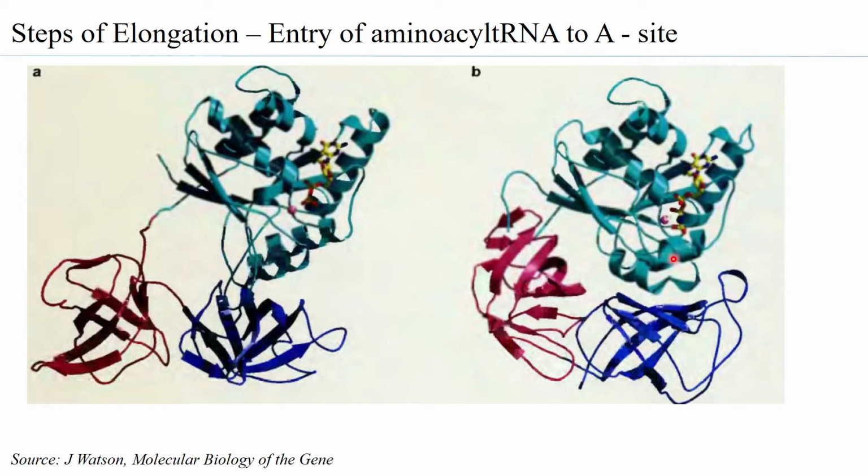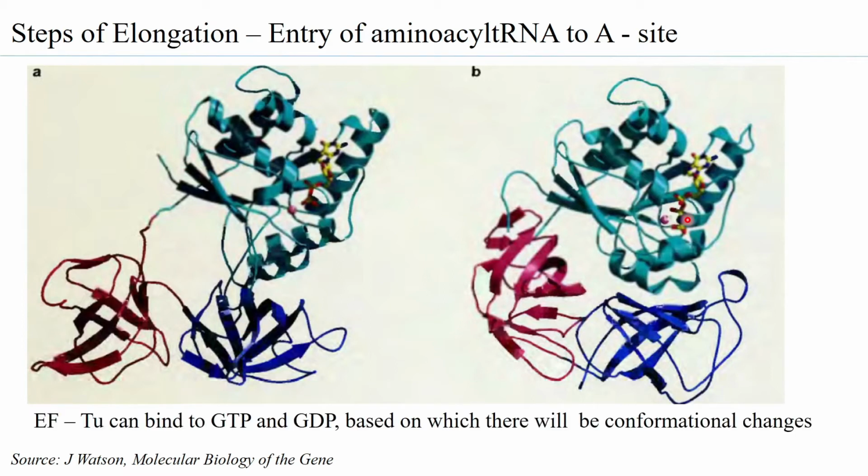Which means that the GTP is ensuring that you have a conformation with a high affinity to bind to the tRNA. We will look at that in a minute. But what is very obvious over here is that the binding of GDP leads to a different conformation, and the binding of EFTU with GTP has another conformation. Therefore, whether it is bound to GDP or GTP, having different conformations has a regulatory connotation.